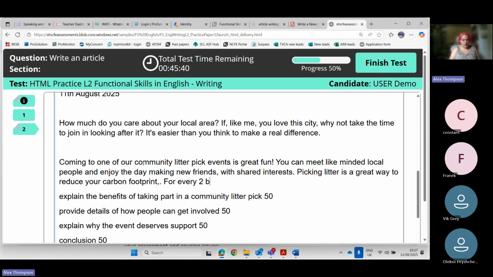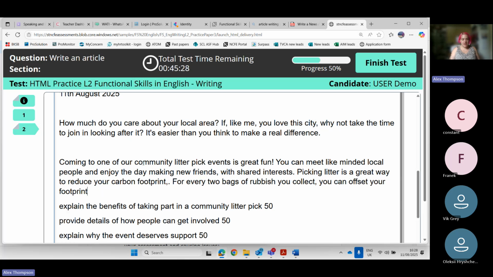For every 2 bags of rubbish you collect, you can offset your footprint by half a ton. I can't quite remember exactly how your carbon footprint is worked out. Pretty sure it's in weight. So for every 2 bags of rubbish you collect, you can offset your carbon footprint by half a ton.